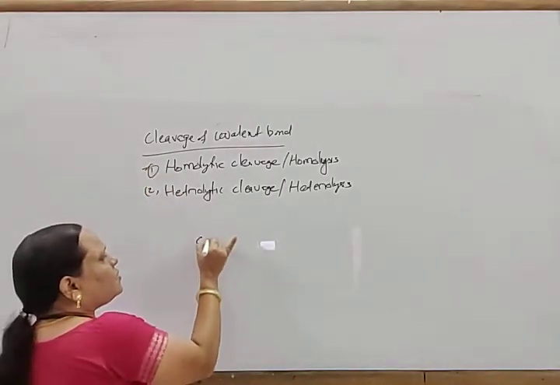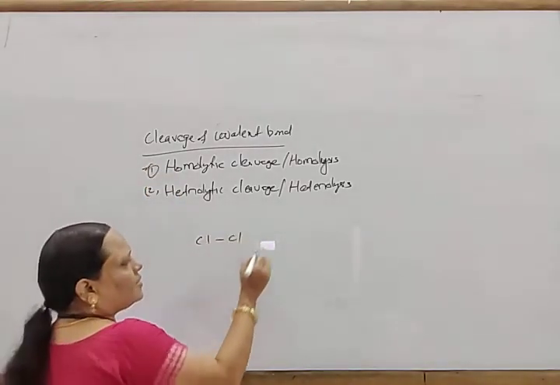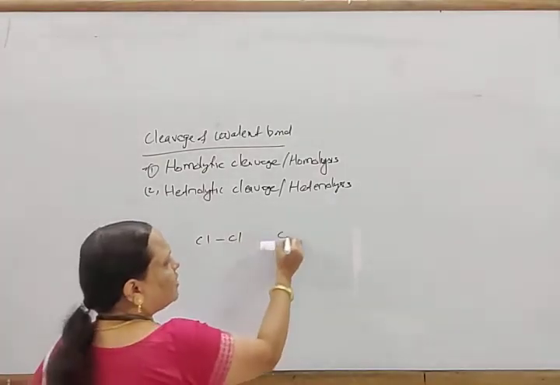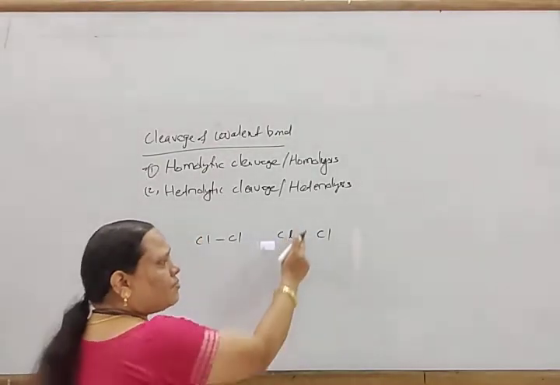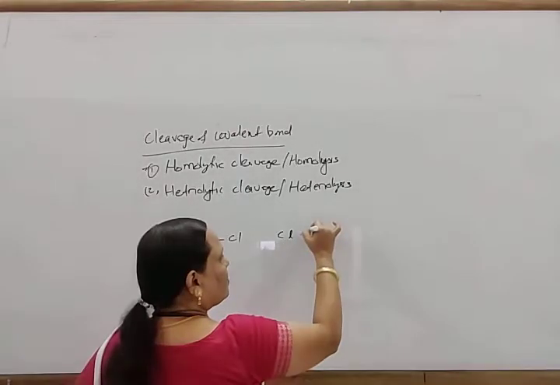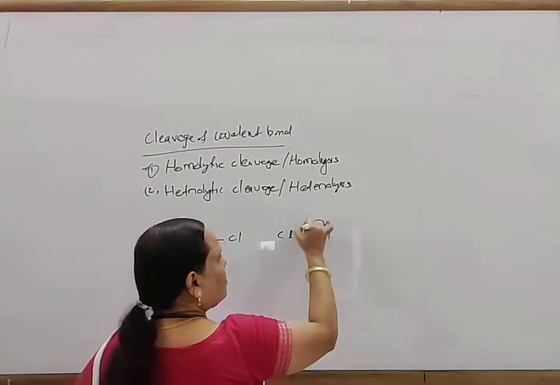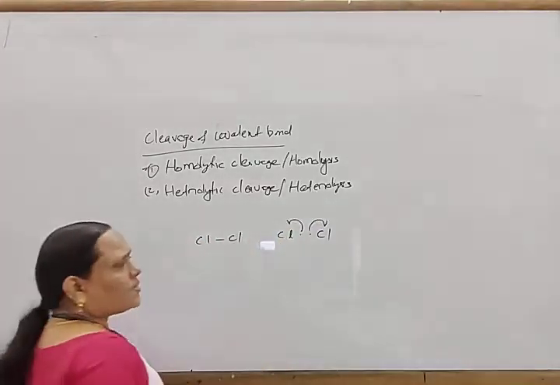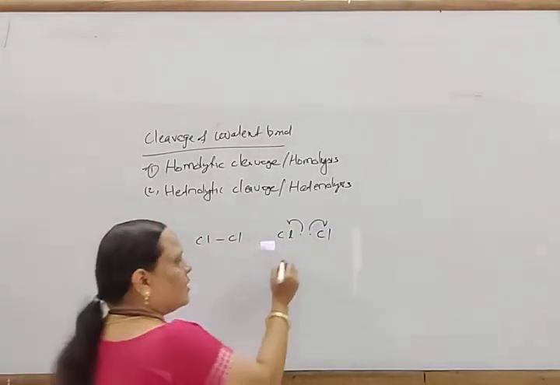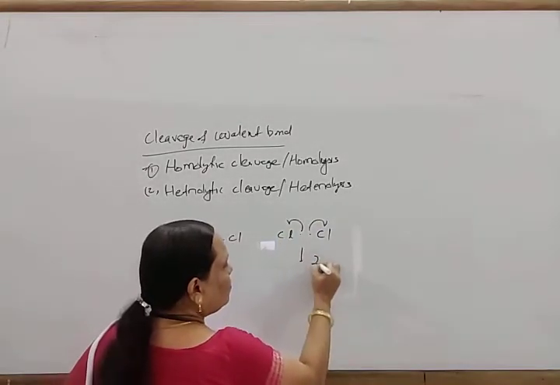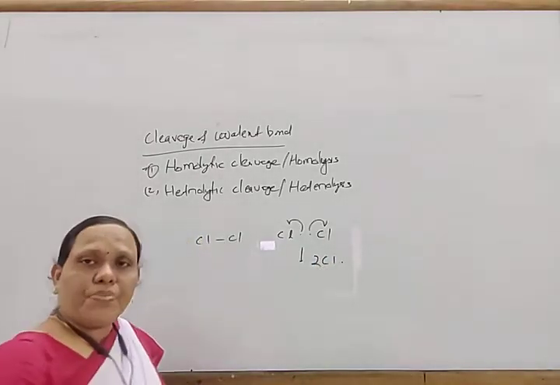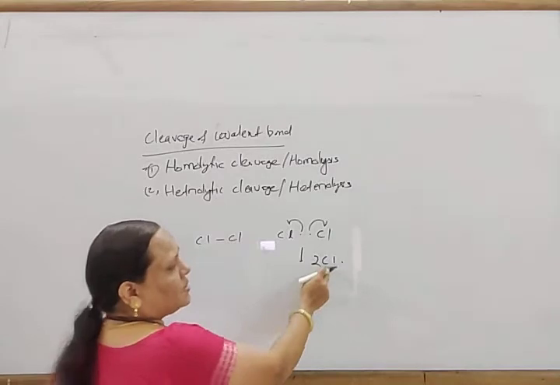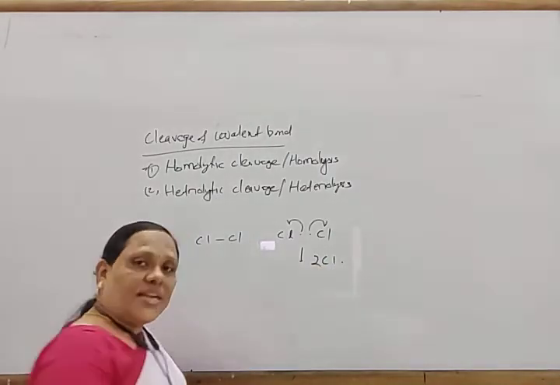Look here, two chlorine atoms are there. You know the chlorine-chlorine bond contains a shared pair of electrons, like this, Cl-Cl. When bond breaking takes place, one electron goes to one chlorine atom and the other electron goes to the other chlorine atom. In this way, each atom now gets an unpaired electron, Cl dot and Cl dot, and these are called free radicals.